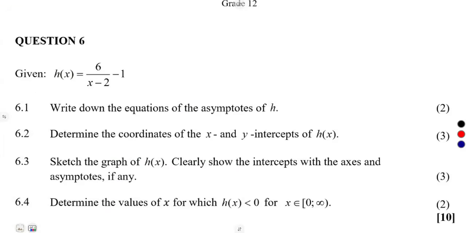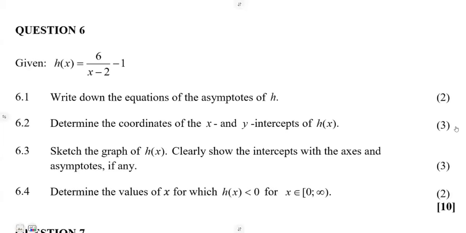So on question number 6, we are given h(x), which is 6 over x minus 2, minus 1. There we are going to be working with our hyperbola. 6.1, write down the equations of the asymptotes of h.